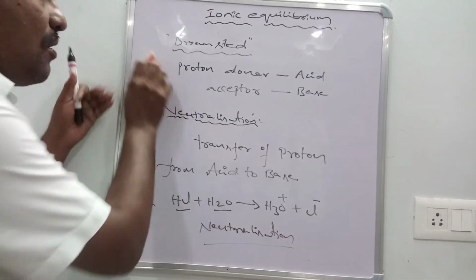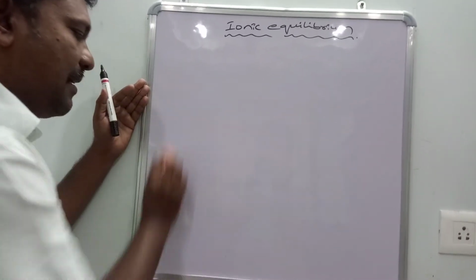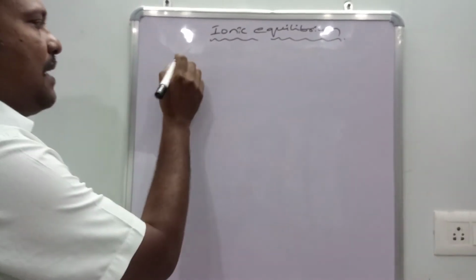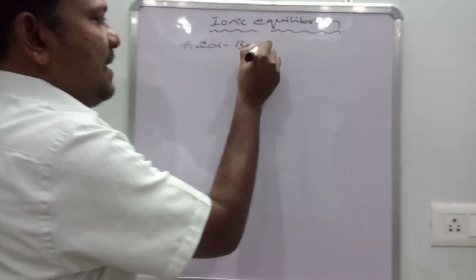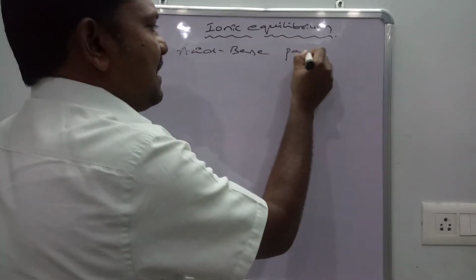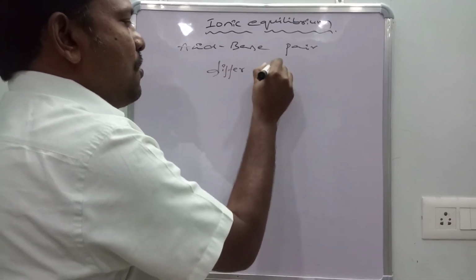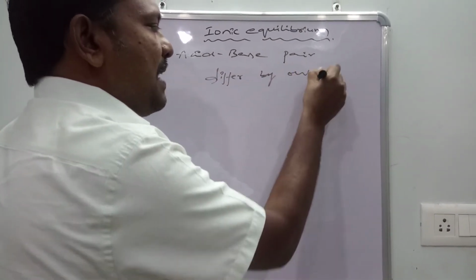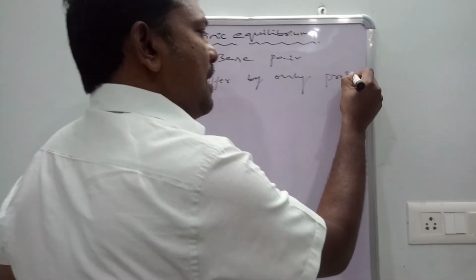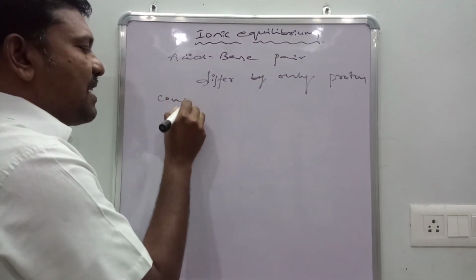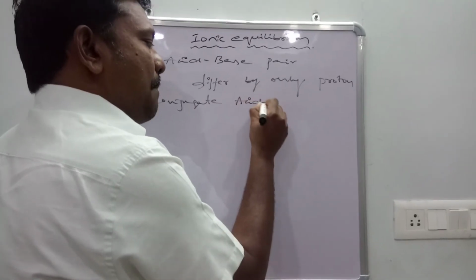It is one of the concepts from Brown-Lowry theory. Another important postulate: since transfer of proton takes place, an acid and base pair which differs by only one proton is known as a conjugate acid base pair.